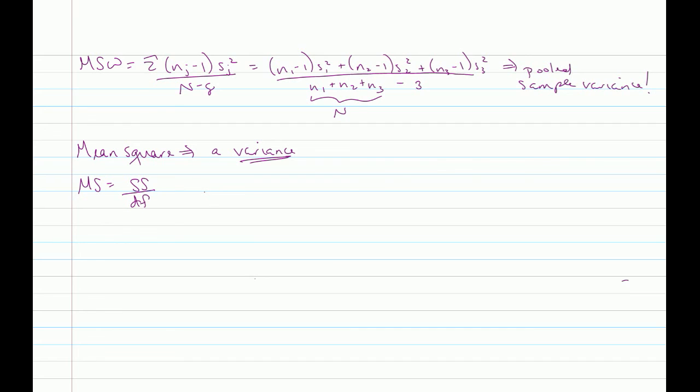In this way we can get mean squares between to get a variance between groups, and we can get mean squares within to get variability within groups, and that's what's going to get us to our test statistic. So mean squares is always sums of squares divided by degrees of freedom, and this is our variance.